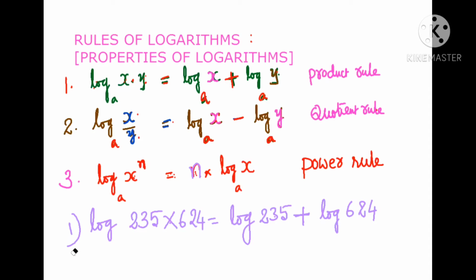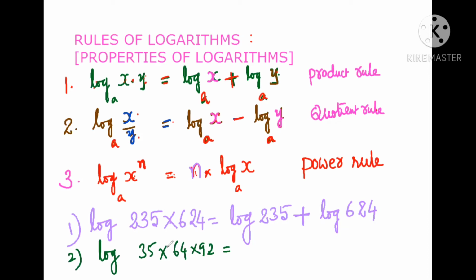Now, in this way, if we take one more example like this, logarithm of 35 into 64 into 92. To find the product of three numbers, we use this first rule.